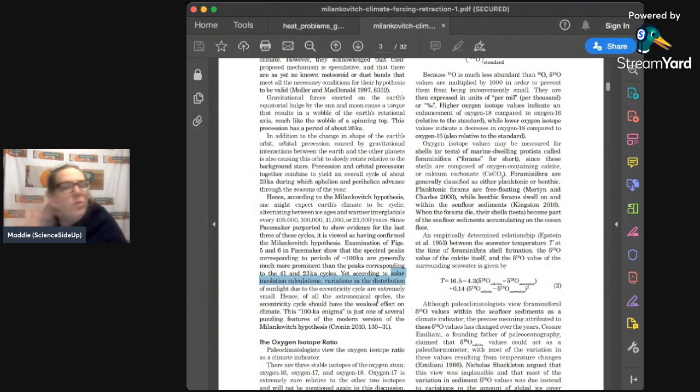Or a planet, right? Or a celestial body. That term is not unique to Earth. Variations in the distribution of sunlight due to the eccentricity are extremely small. Hence, of all the astronomical cycles, the eccentricity cycle should have the weakest effect on the climate.